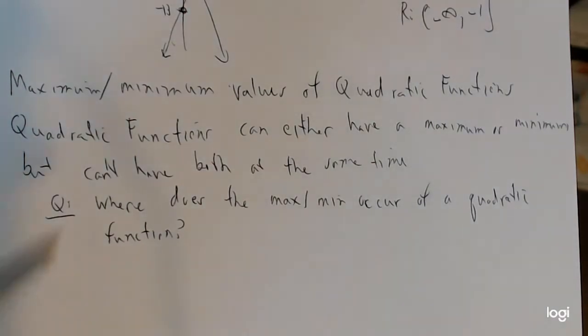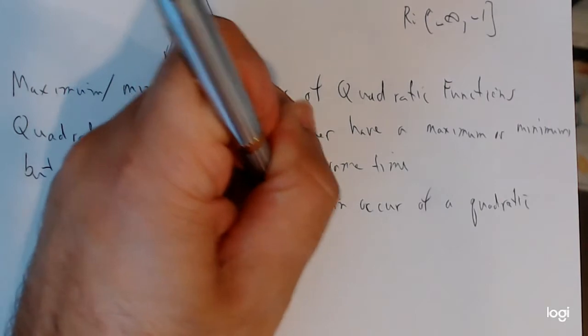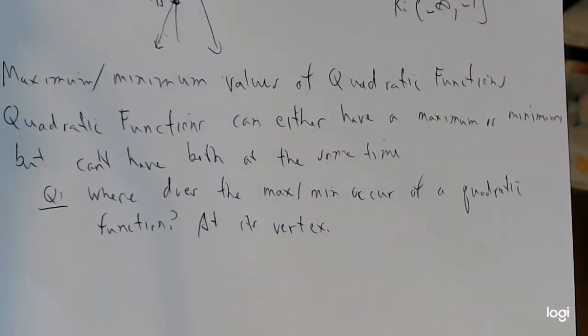If you think about it, the answer is at its vertex. Because if you remember, the vertex is the point at which the parabola changes directions, which means it'll either be a minimum or a maximum.